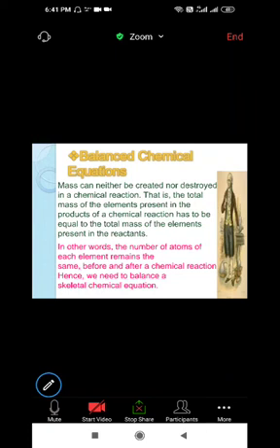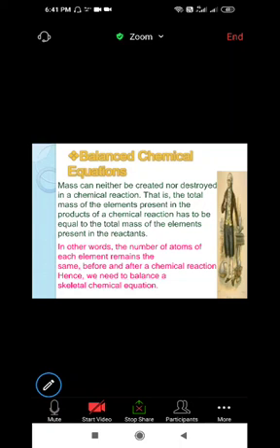Okay, so you must be knowing this. This is known as the law of conservation of mass, right? So what does it mean? The mass in the universe remains constant. We cannot produce mass, nor can we destroy mass, right?